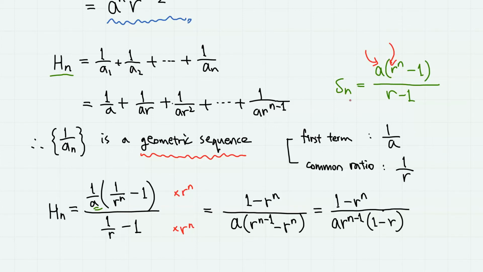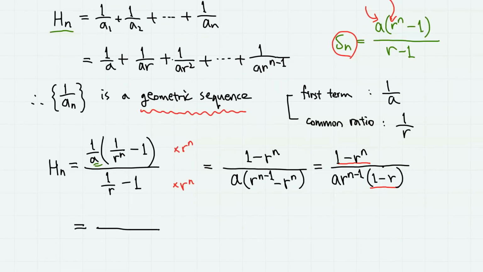Notice something here. The Sn part appears in the expression, namely in this part. So this part, n plus a, consists of Sn, and since we have a here, the denominator now must be a squared, and we have this part remaining, so we have r to the n minus 1. So this is the expression for Hn.